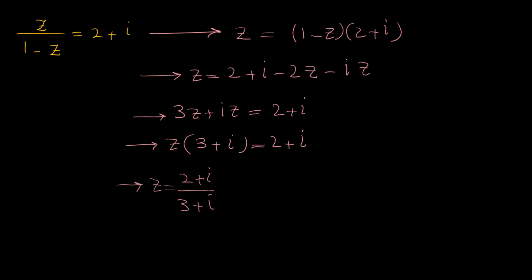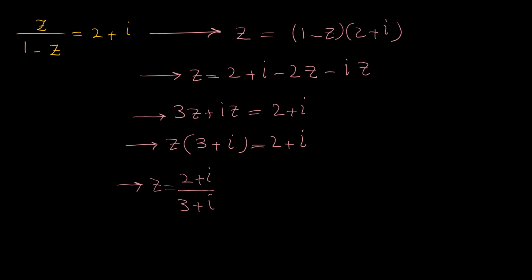Yes, z equals this, and this is the value of z. But because in the numerator we have i, and in the denominator we have i, we have to rationalize this. By rationalizing, we mean we want to divide numerator by denominator, and to do so we multiply numerator and denominator by the conjugate of the denominator.